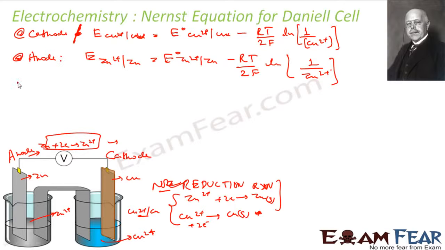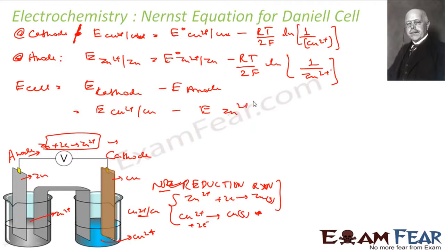So cell potential, if you want to find the E cell, is nothing but E cathode minus E anode. Let's subtract these values. E cathode is E of Cu2+ to Cu minus E of Zn2+ to Zn.